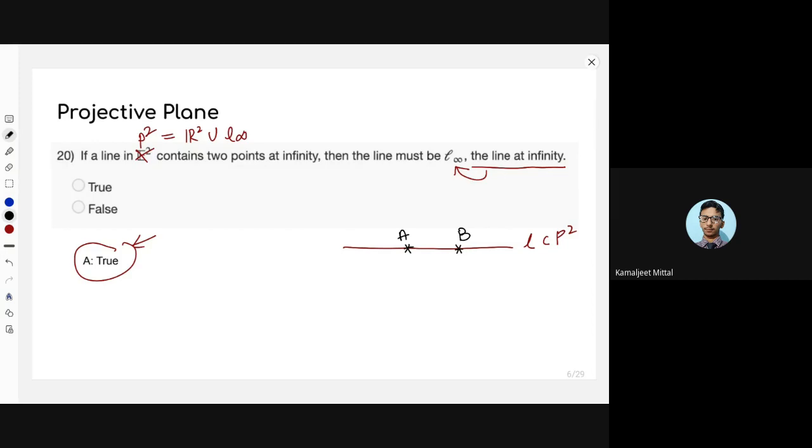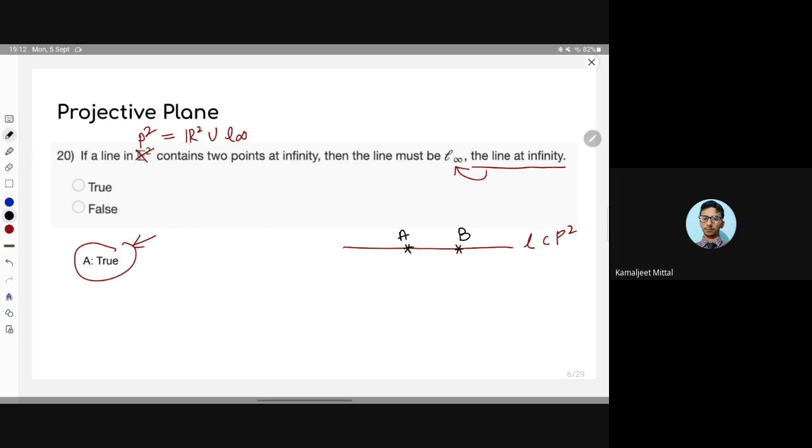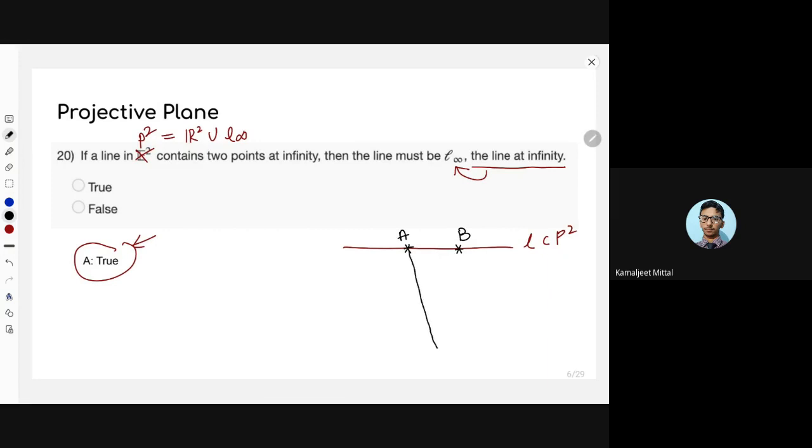They must be vanishing points of some lines in R2, correct? And these two lines must be non-parallel to each other. Otherwise, if L1 and L2 are parallel, then A must be equal to B. So they are two distinct points.